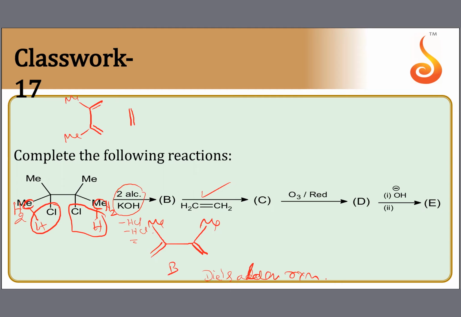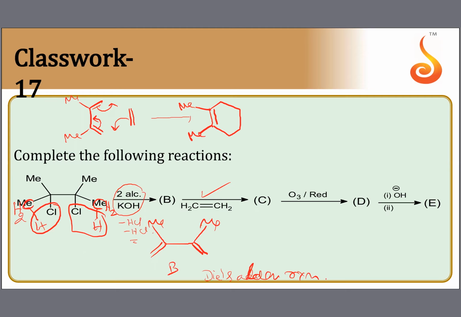Ethylene is called the dienophile. Addition, for understanding purposes, you can take it like this. Cyclization takes place and a ring is obtained. Here methyl, double bond here, methyl, methyl. Okay, 1,2-dimethyl cyclohexene.